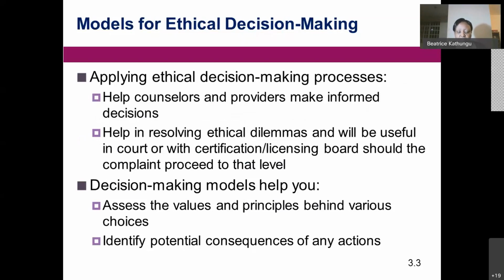We talked about values and the 17 universal values, which have to do with the beliefs and attitudes about what is good and what is right and what is important. So we want to help counselors and providers make informed decisions that are anchored on the different values, the different ethical aspects.